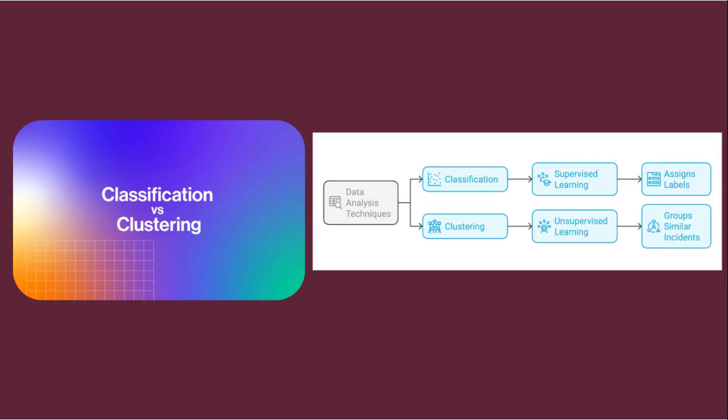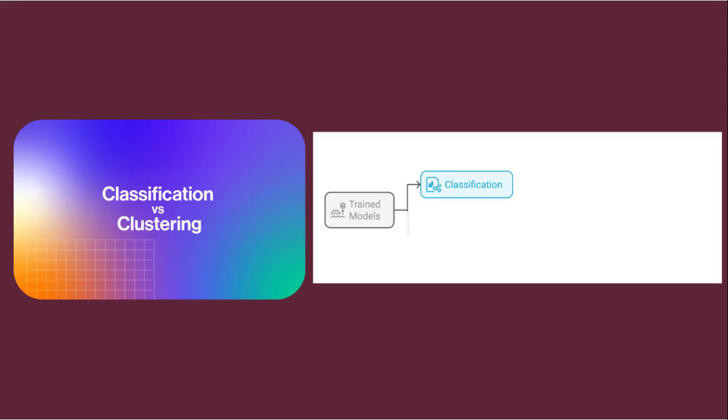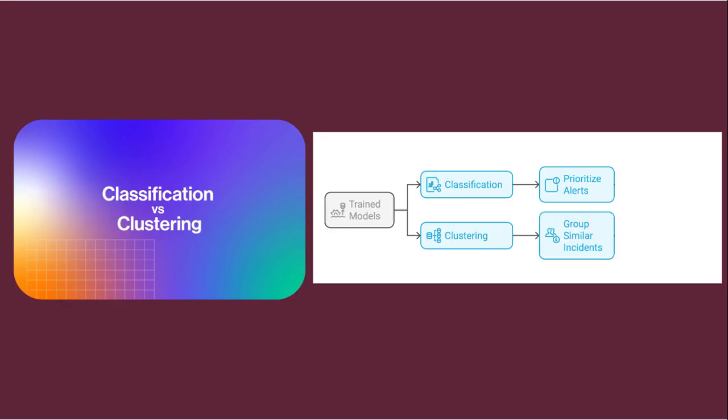It groups similar incidents together, even if the system has never seen them before. For example, a classification model might predict whether an incoming IT alert is a security threat or a system glitch, while a clustering algorithm might detect that multiple alerts from different servers relate to the same root cause. These techniques help AIOps prioritize alerts, group similar incidents, and reduce noise in IT monitoring systems.